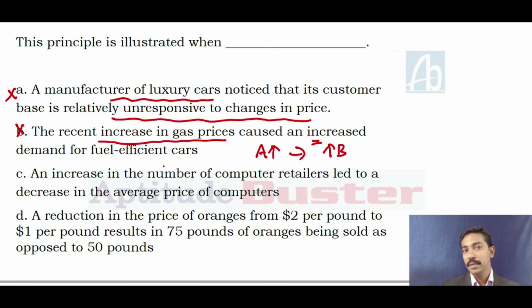That is the principle. But here, option C slightly changes the idea. It says the number of computer retailers. What do you mean by retailers? Sellers. So, option C fails to explain the principle, because C says when the sellers have increased, prices have come down. No. The principle illustrated in the argument is when the price of a product is less, demand will be more, not the number of sellers. Hence, option C can also be eliminated.